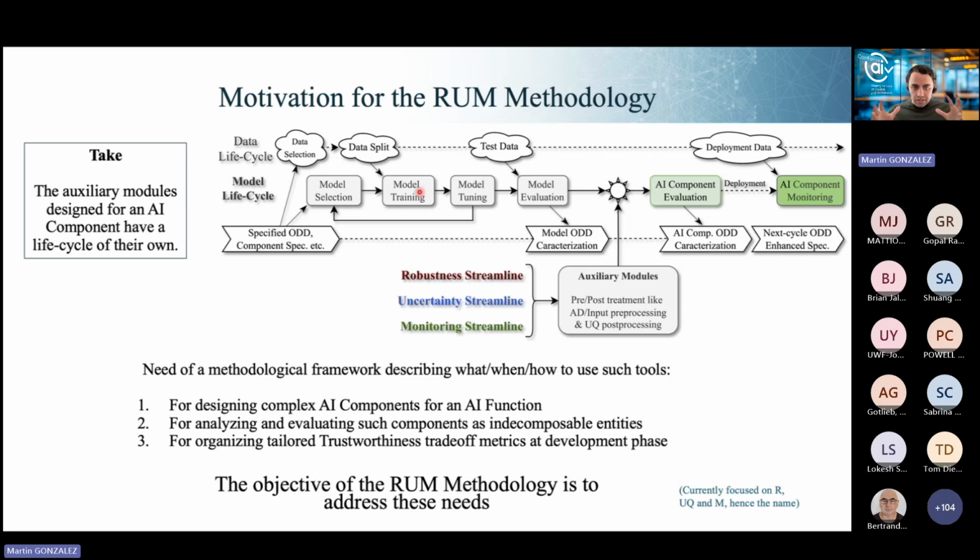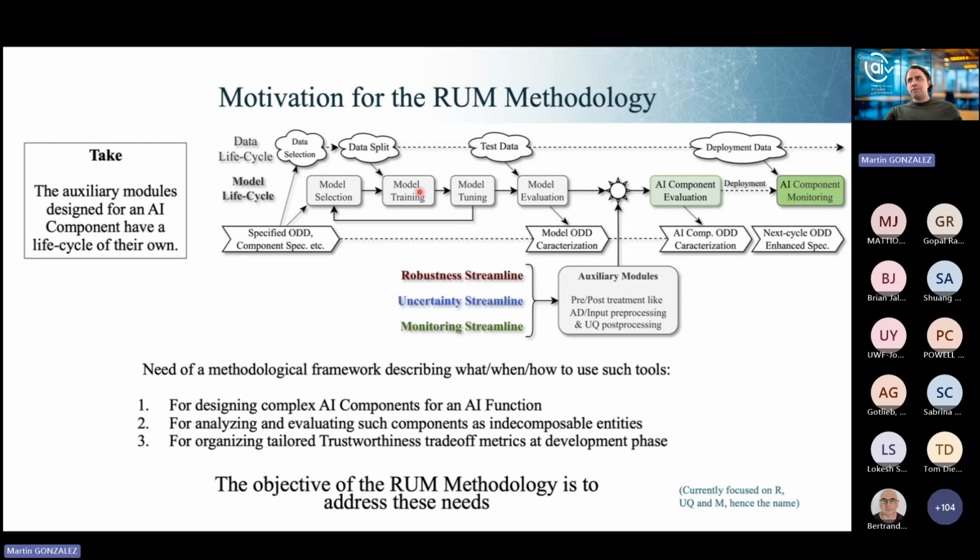This is the objective that the RUM methodology tries to address. And the RUM methodology takes its name because currently it's focused on, it's already a lot, I think, robustness, UQ, and monitoring, hence the name.